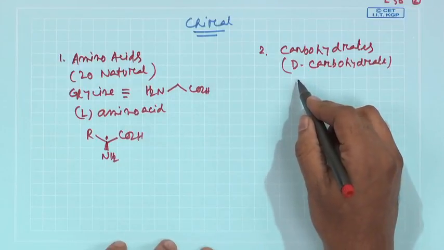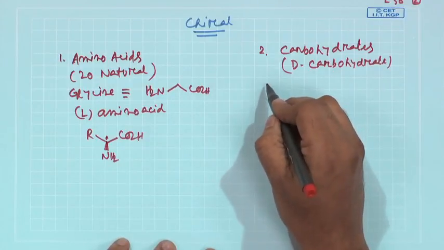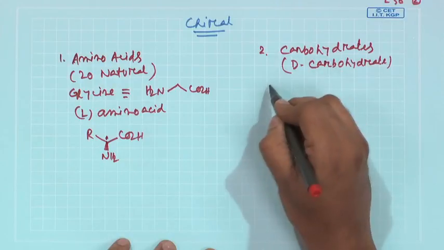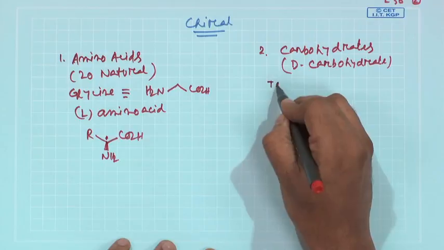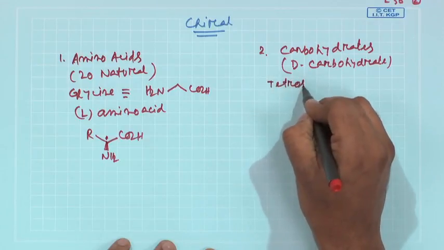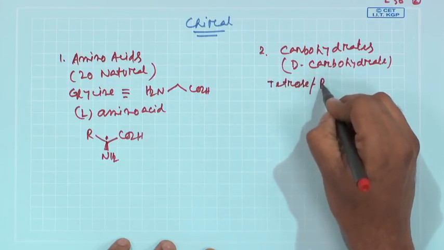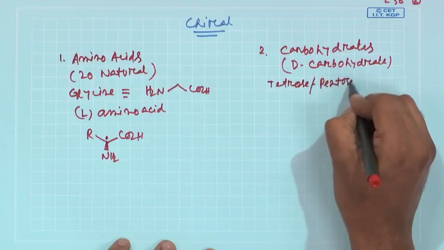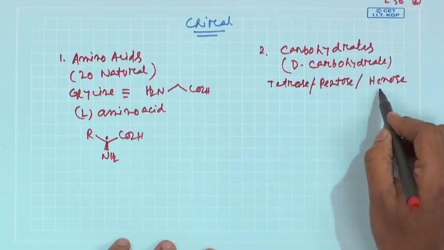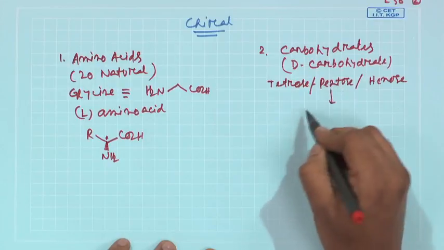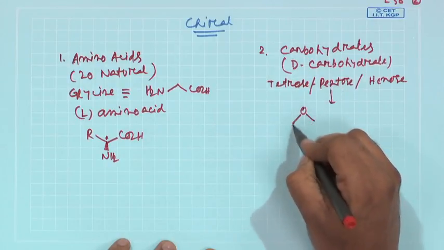Out of these carbohydrates you can talk about molecules like tetrose, pentose or hexose. For instance, this pentose is like a ribose, so D ribose.